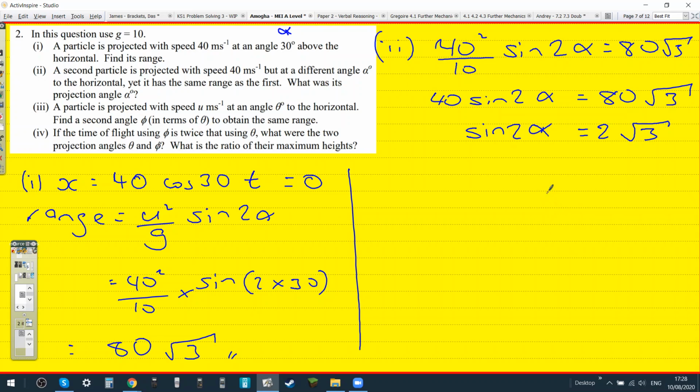But then alpha would be 60. Do we have to go the other way with this? Hang on. So sine 2 alpha is 2 root 3. Let's say sine A is 2 root 3. So what is A?